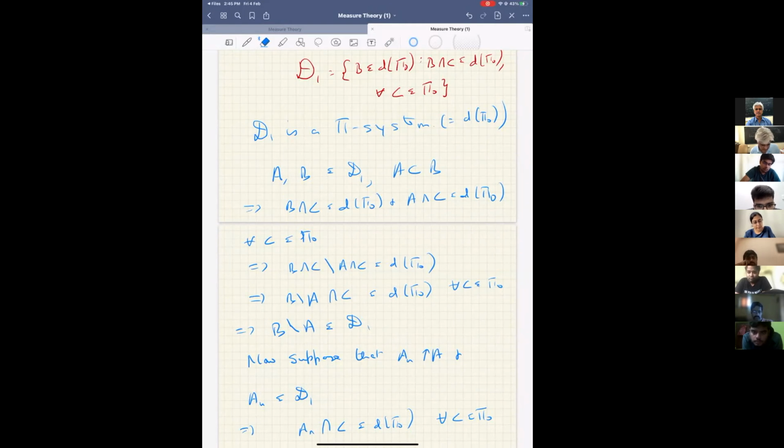So it's basically B intersection C common with A intersection C complement, right? That's what B minus A means.